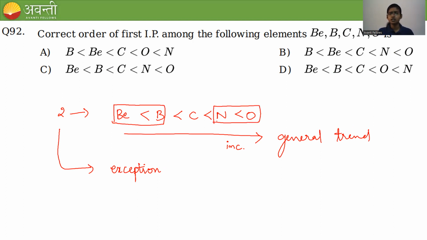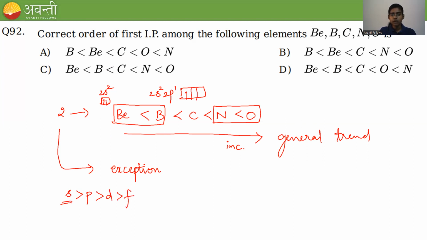Why this exception? For beryllium and boron, the exception is because of the penetration effect of the orbital. For beryllium, the configuration is 2s2, and for boron, it is 2s2 2p1, right? So 2s2 is completely filled, and the last electron of boron is present in the 2p orbital. S electrons are more penetrating than p electrons, than d, than f.